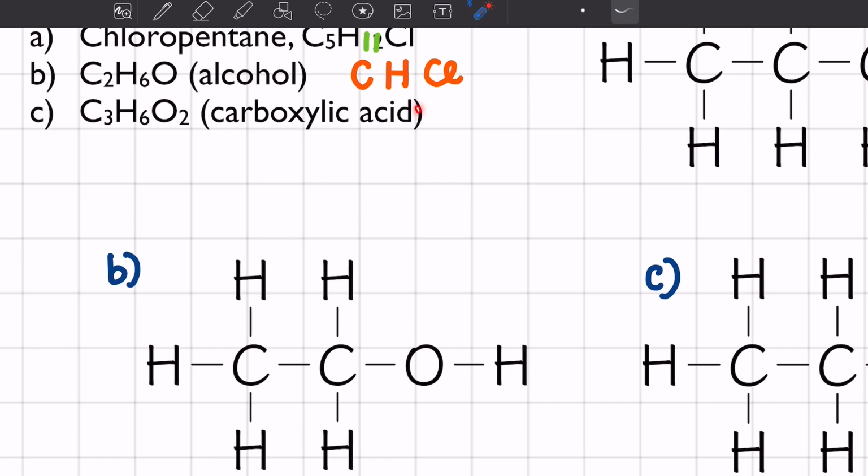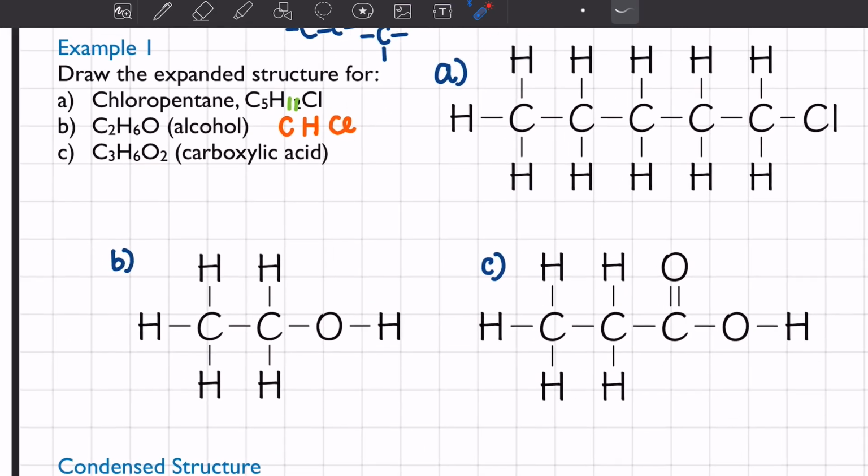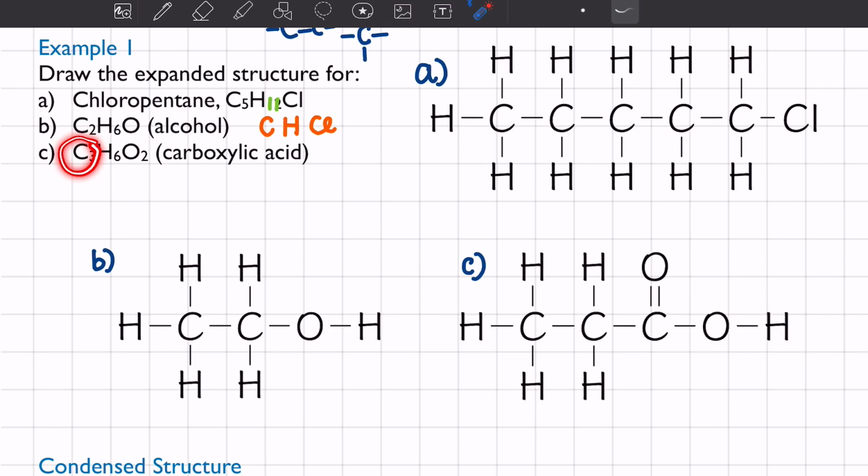Last one, carboxylic acid. Okay, nampak je ada 2 oksigen macam ni. So, biasanya compound itu adalah carboxylic acid. So, remember the rules. We start with C, H, barulah atom selain C and H. Okay, so we have 3 carbon.